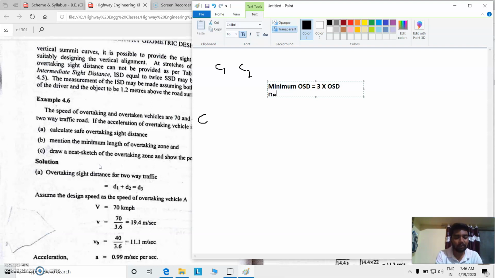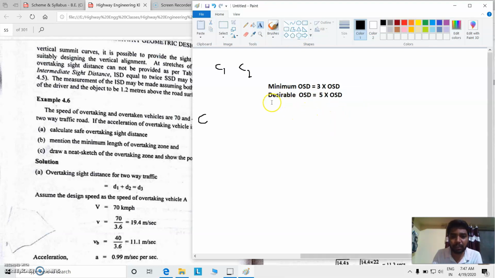And the desirable overtaking sight distance is considered as 5 times the overtaking sight distance. You must remember this: the minimum overtaking sight distance is 3 times the calculated overtaking sight distance, that is whatever you calculated, and the desirable overtaking sight distance is 5 times.